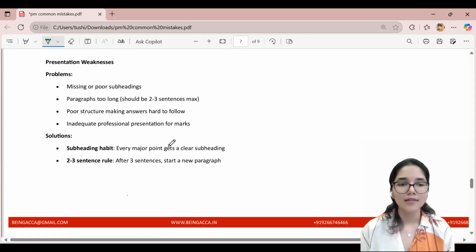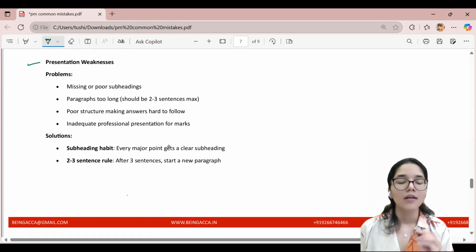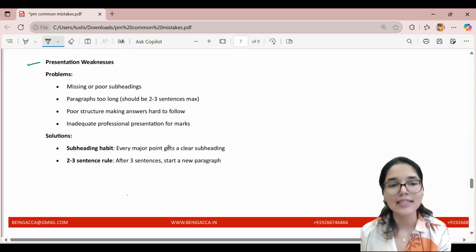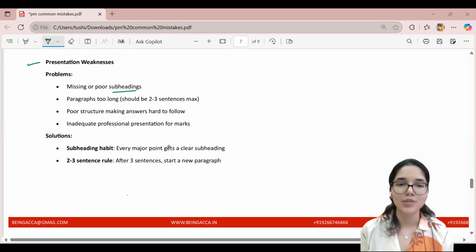Coming towards another set of weaknesses that I identified, the presentation weaknesses. I have possibly gone absolutely crazy trying to tell my students to use subheadings, and still, in some of the answer scripts, I have not seen subheadings being used.